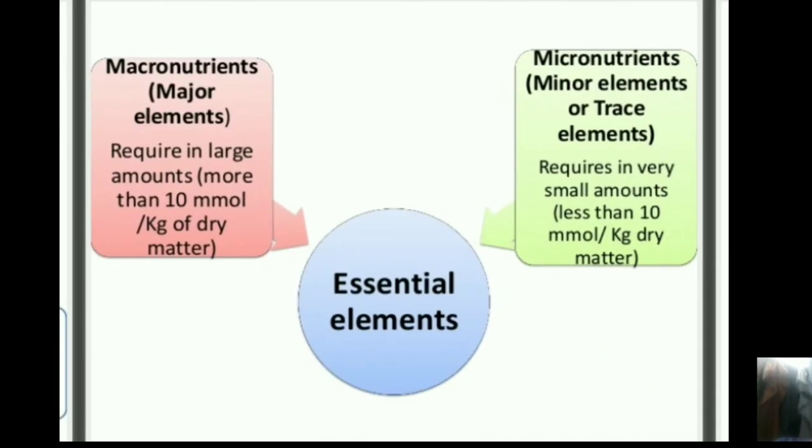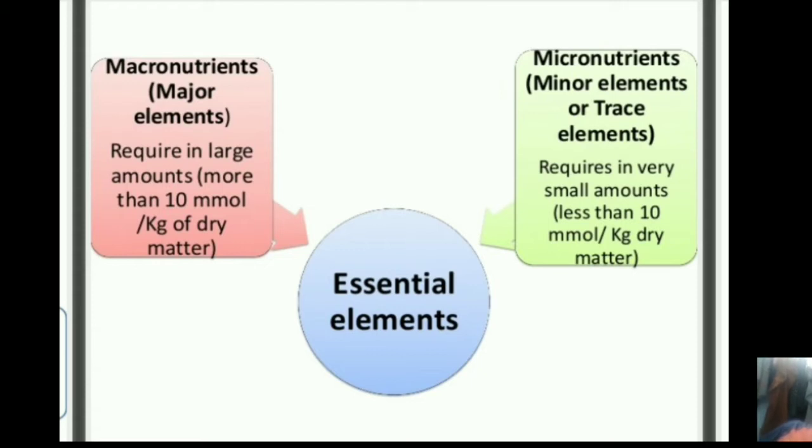When we see the essential elements specifically, they are divided into macronutrients and micronutrients. So macronutrients are the elements which are considered as the major elements required in large amounts, more than 10 millimoles per kg of dry matter.